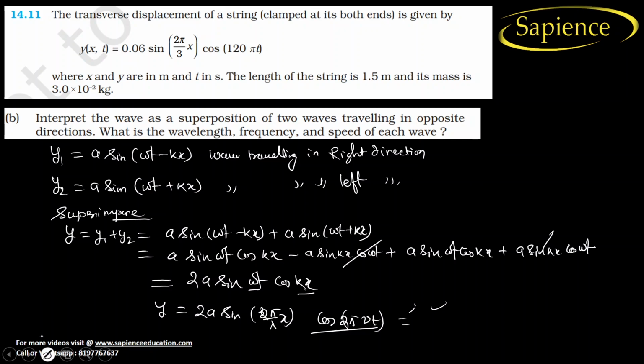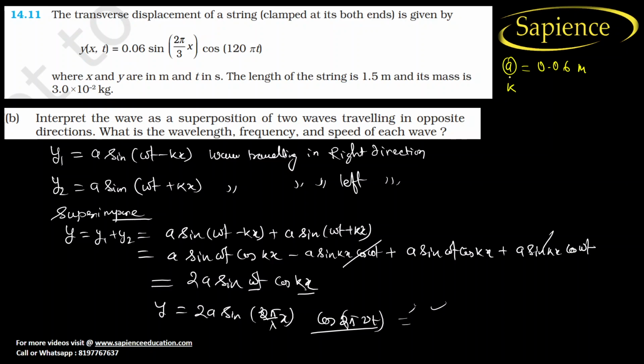Now here we need to find the frequency and speed of each wave. Okay, wavelength. So from here, what is the wavelength? The amplitude is 0.06 meter. Now for frequency, before that we need to understand the value of k.